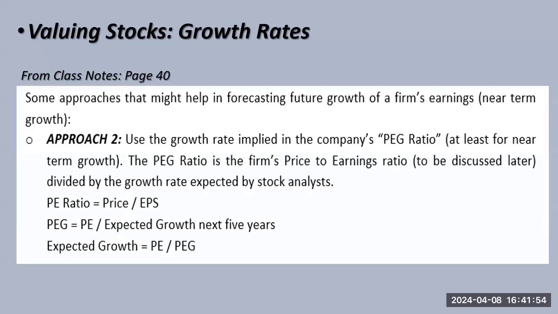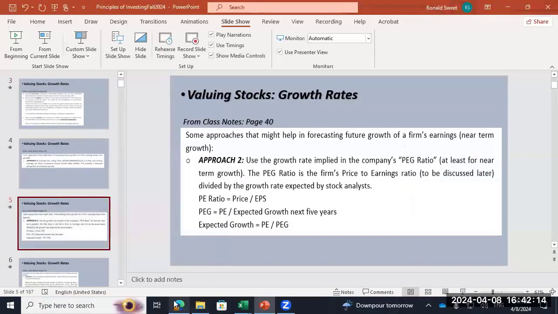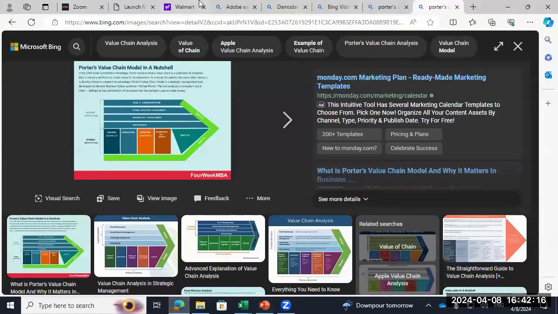The PEG ratio is the PE ratio divided by what the market thinks earnings growth is going to be over the next 5 years. Which means if you take the PE ratio and divide it by the PEG ratio, you know what the market thinks growth is going to be over the next 5 years. Now that's somebody else's opinion, but that's not a bad thing to do. At least have some sense of what the market thinks.